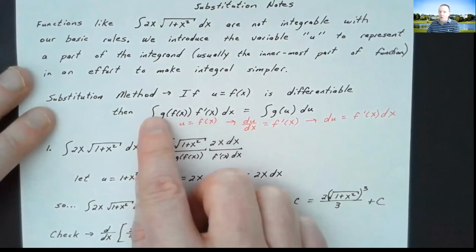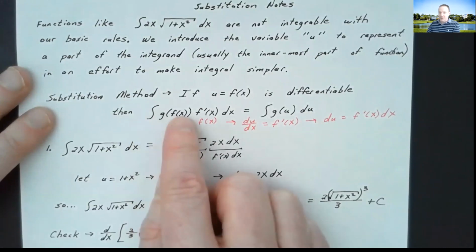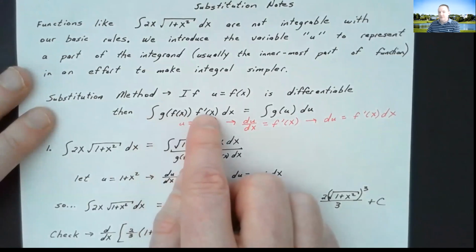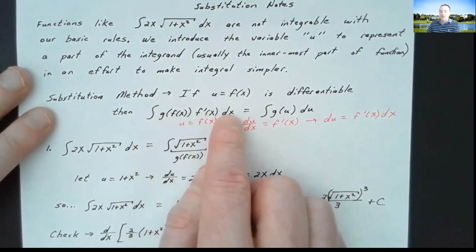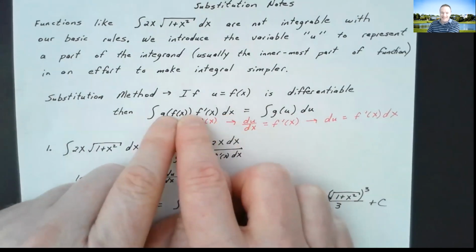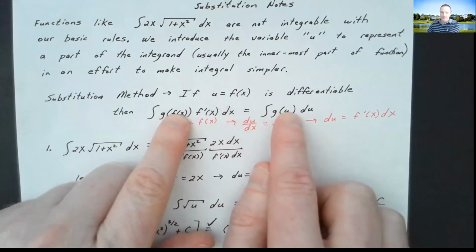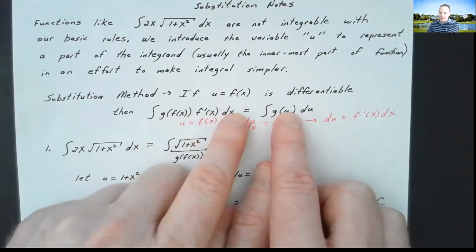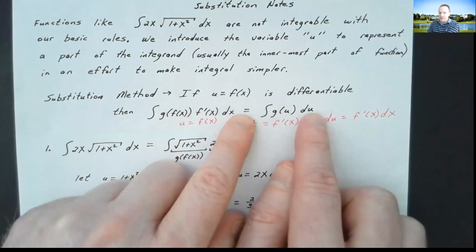Well, now, what if I have a function g with f of x inside of it, and then I have the derivative of f of x on the outside of it? Well, then I'll be able to integrate that and say, I'm going to put that function on the inside, let's call it u. And then I know that everything on the outside is just going to be du.